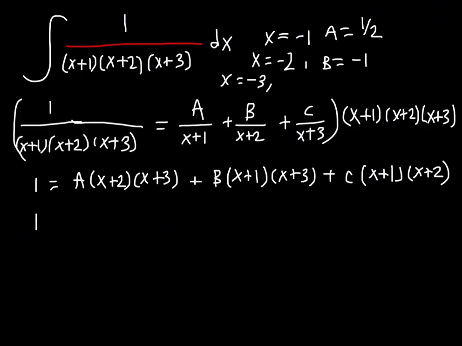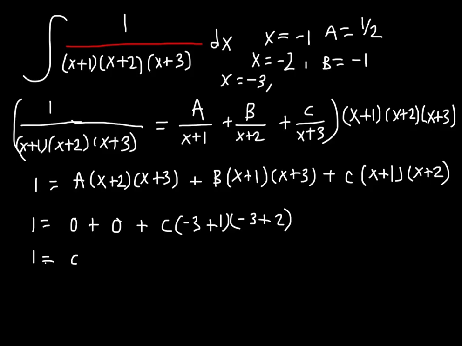So 1 is equal to 0 plus 0 plus c times -3 plus 1 times -3 plus 2. 1 is equal to, so -3 plus 1, which is just -2, times -3 plus 2, which is just -1.